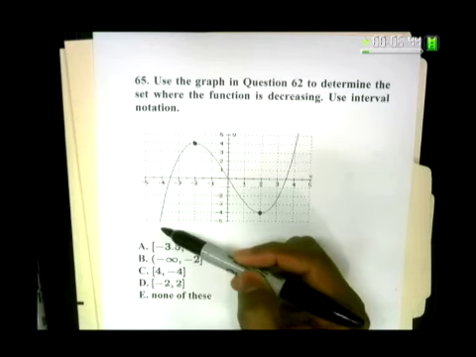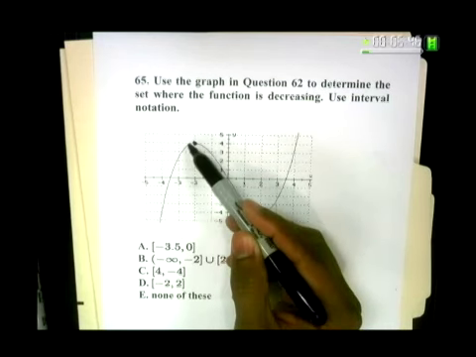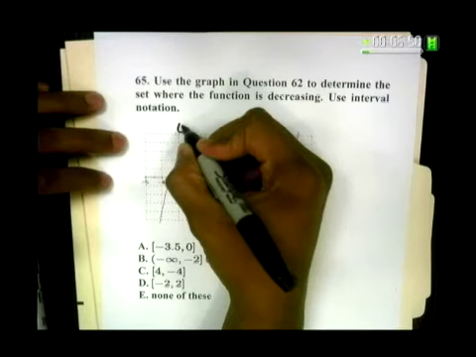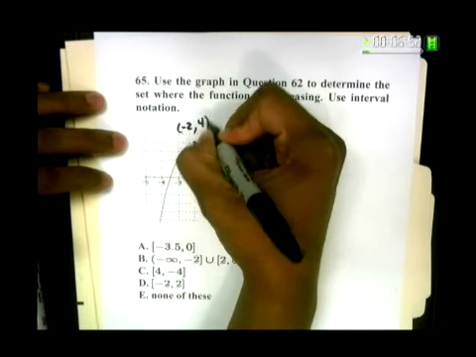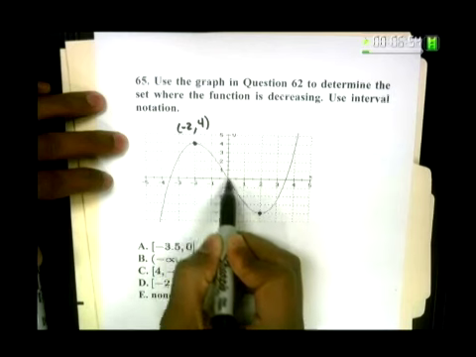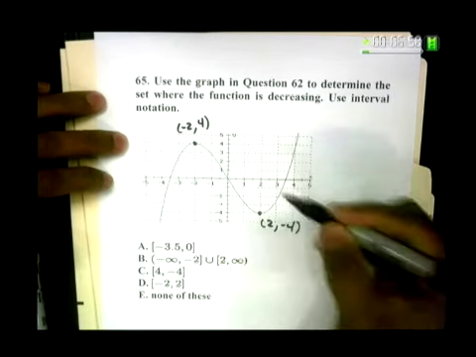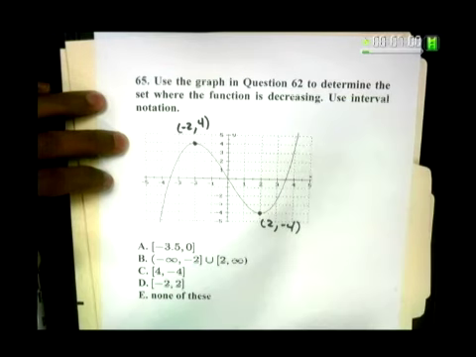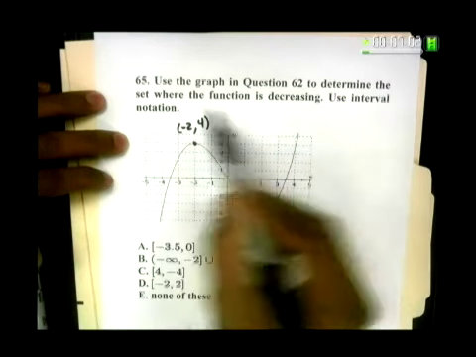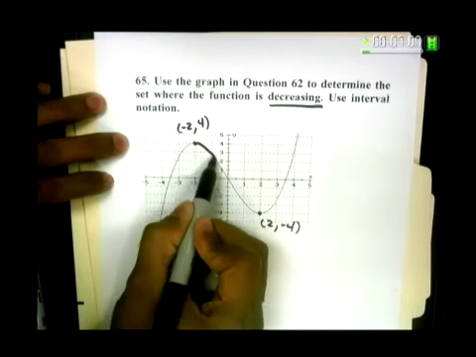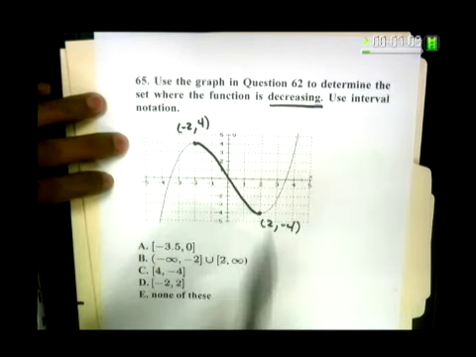From the leftmost point, it's increasing until it gets to the first turning point, negative 2, 4. Then it decreases until it gets to negative 4, and then it increases again. We're looking for where the function is decreasing, so this part of the graph right there.